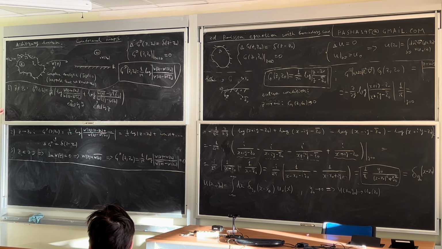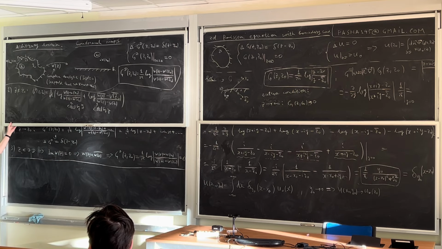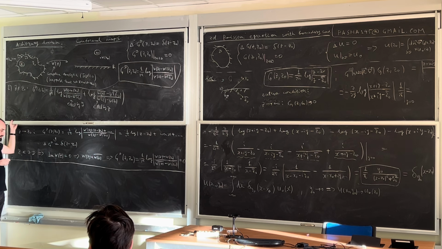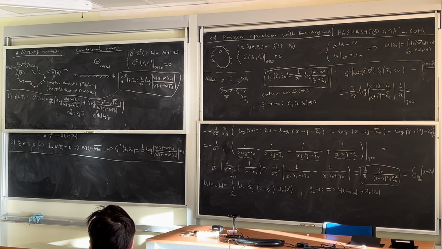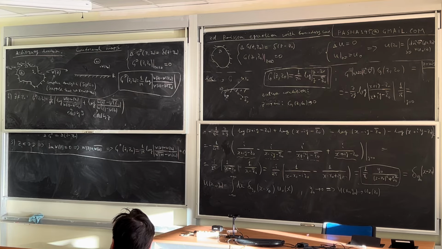So the typical problem has this form: either to map some simply connected domain to the upper half plane, or some domain with several holes to, for example, the upper half plane with several disks removed. There is a general theorem that any reasonable simply connected domain can be mapped to the upper half plane.